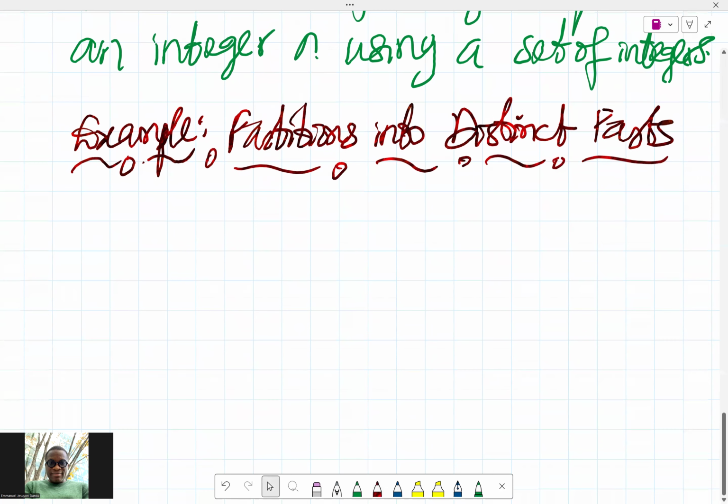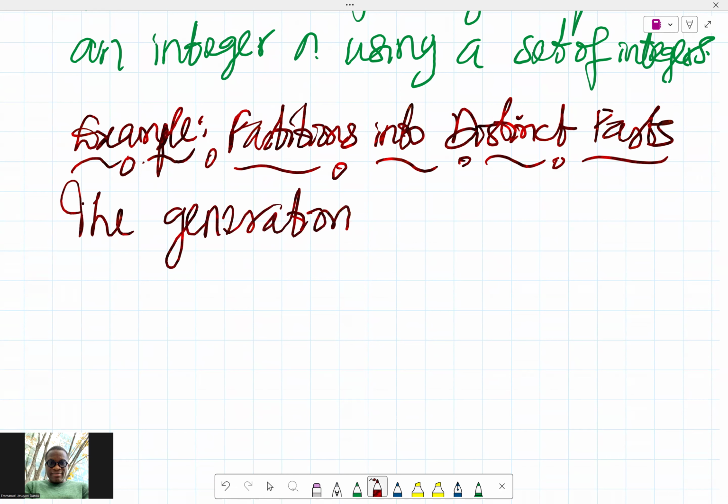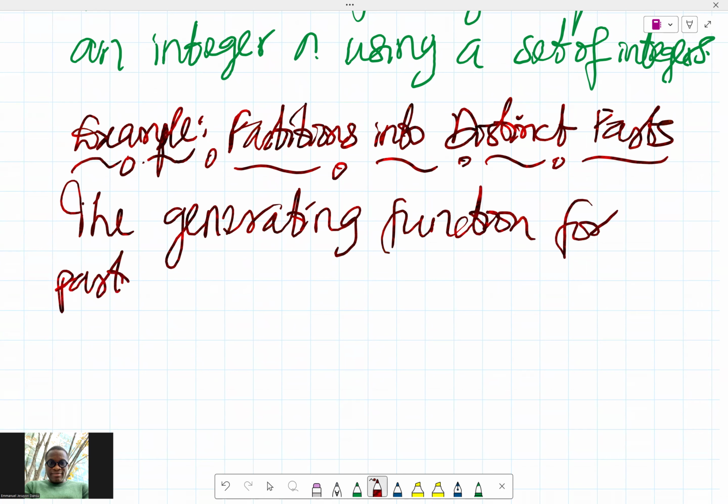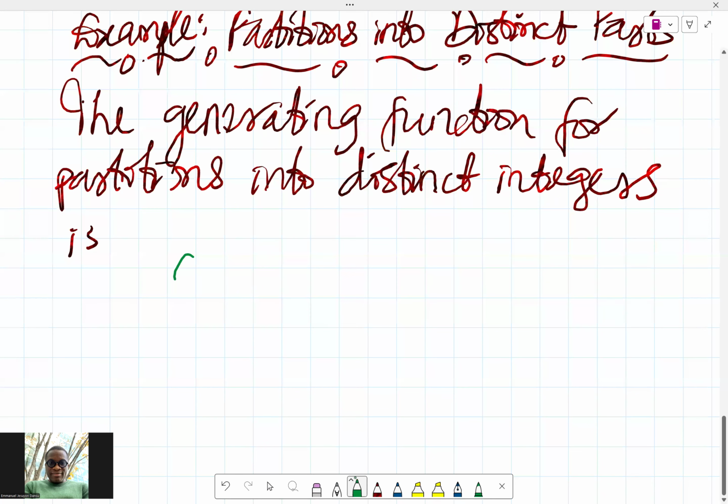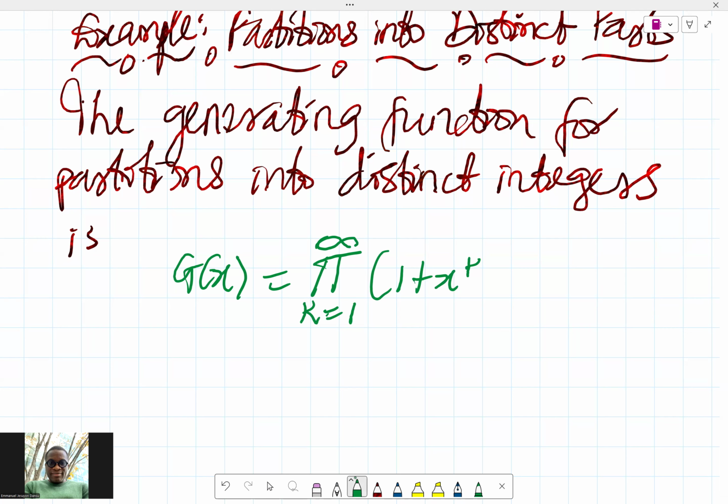The generating function for partitions into distinct integers is g of x equals the product from k equals 1 to infinity of 1 plus x raised to power k.